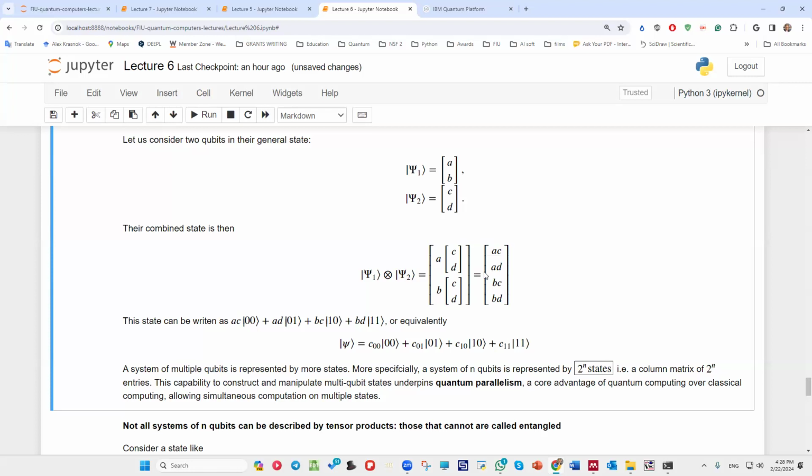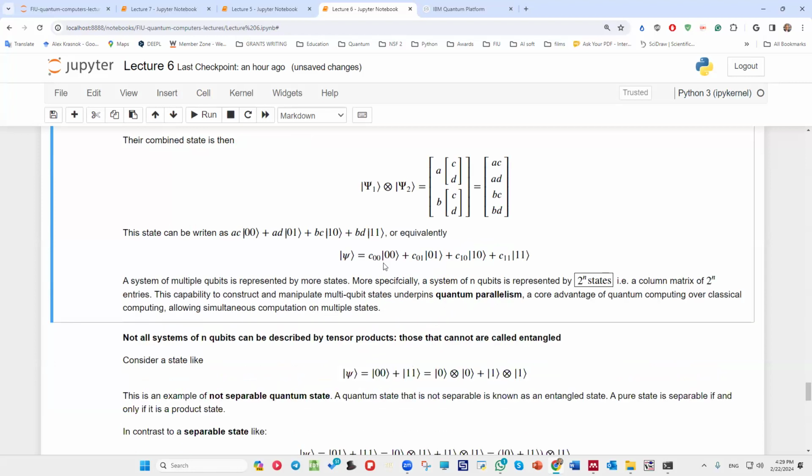And writing down this vector in the basis form, we get this result, right? AC and then state 0, 0, AD plus state 0, 1, and so on. And these coefficients A and C are just complex numbers, we can multiply them and represent them by these coefficients C sub 0 0, C sub 0 1, C10, C11. Right, so we got 4 terms in this superposition.